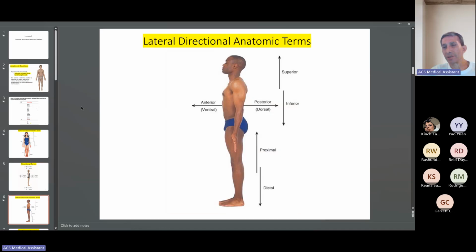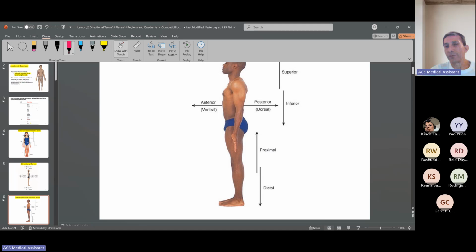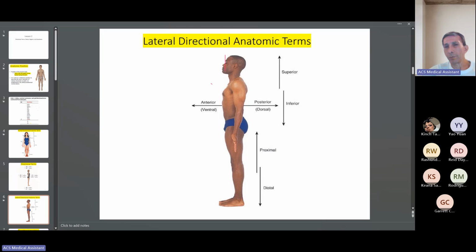Lateral directionals. Now we're going to talk about the sides. Very important. We need to know superior, anterior, proximal and distal. But we are going to focus on the anterior part. Remember, the anterior part is the front, and the dorsal part is the back. So let's start from the anterior part.